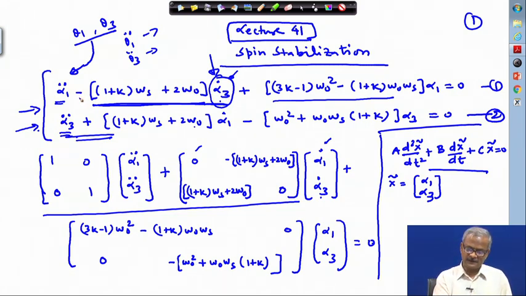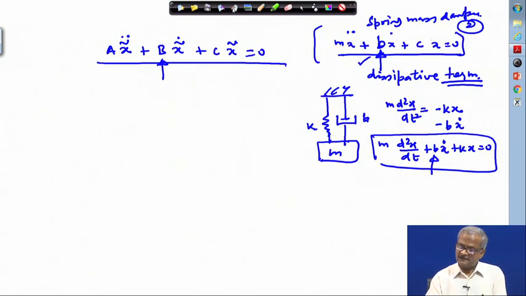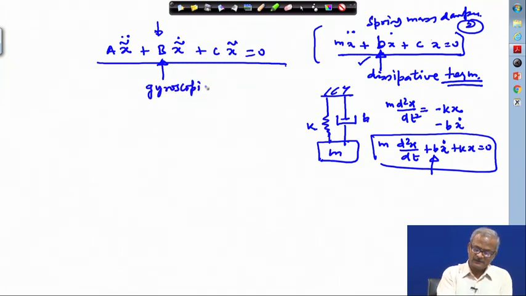If it comes with a minus sign, then it becomes the opposite of that. But here, because of the presence of alpha 3 dot, this is not a genuinely dissipative term, but what we call the gyroscopic coupling.